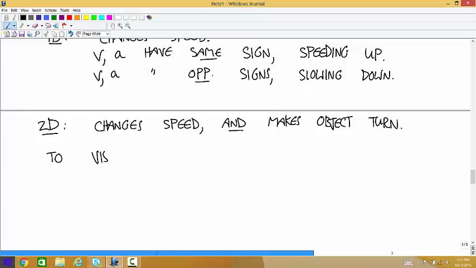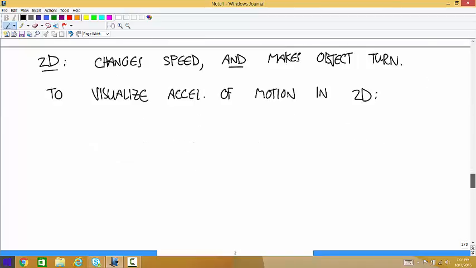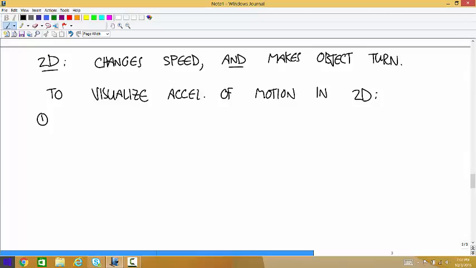So to visualize the acceleration of a motion in 2 dimensions, first, draw the object's velocity vector.